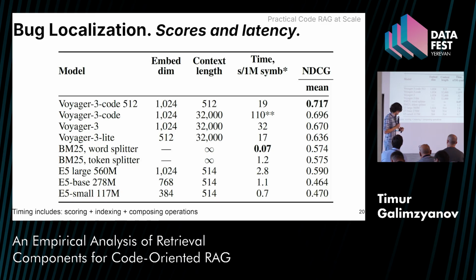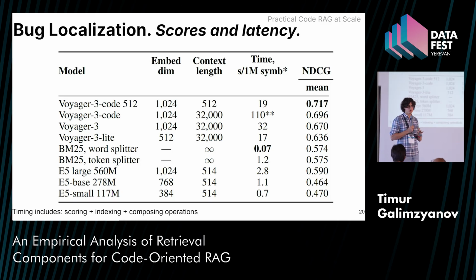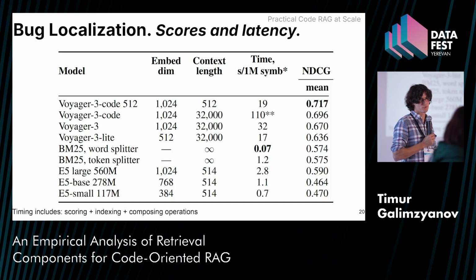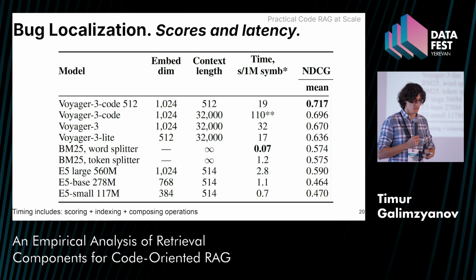As for the first question, the dependence on the programming languages: for code completion, we use chunking and benchmarked only Python and Kotlin. We have Java in bug localization, and we didn't find any strong differences. I presented only the scores on Python here, but for all the others it was quite the same.